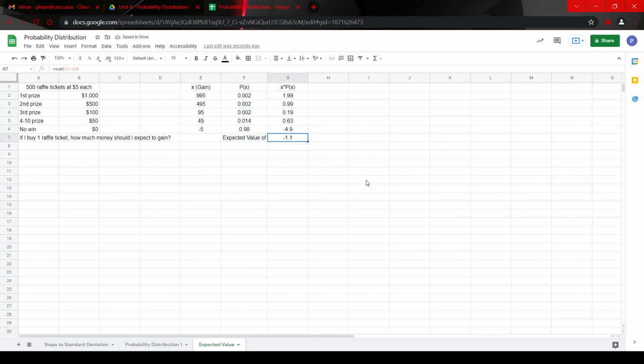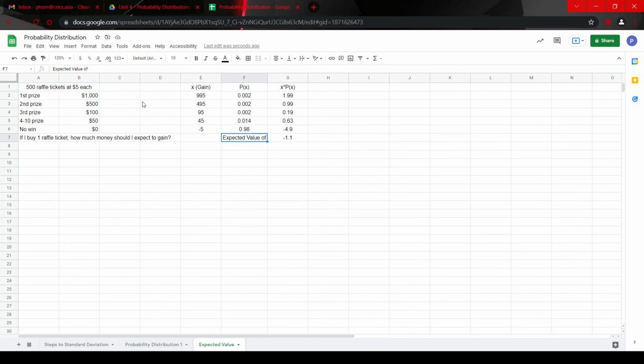So this means that if I buy a raffle ticket, I can expect to lose about $1.10 per ticket that I buy, which makes sense, right? Most of the tickets will not be winning. And so you can generally expect to lose money if you buy a raffle ticket.